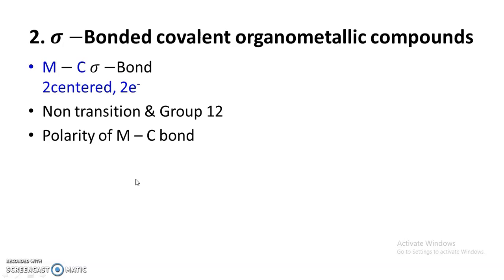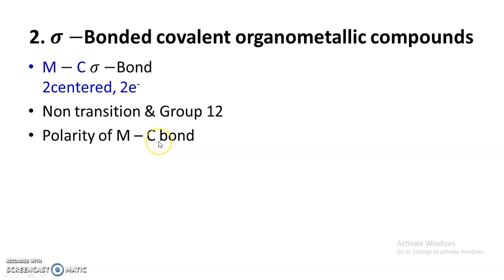Now in sigma bonded covalent organometallic compounds, the polarity of the metal-carbon covalent bond depends upon the difference in electronegativity between metal and carbon. The greater the electronegativity difference, the greater the polarity.